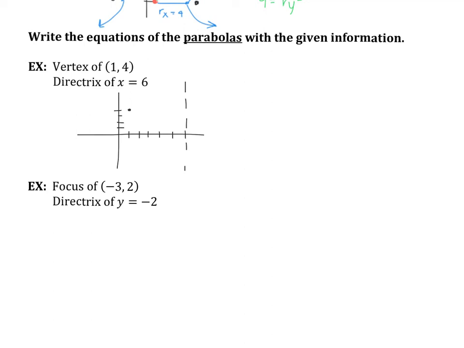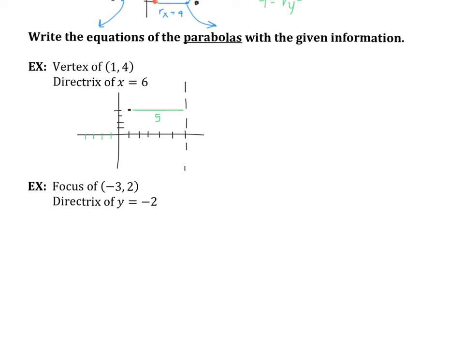I can see that this distance from the vertex to the directrix is 5, which means I have to go 5 units from the vertex to get your focus. So 1, 2, 3, 4, 5.